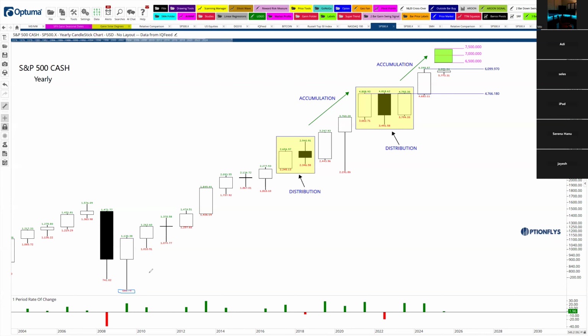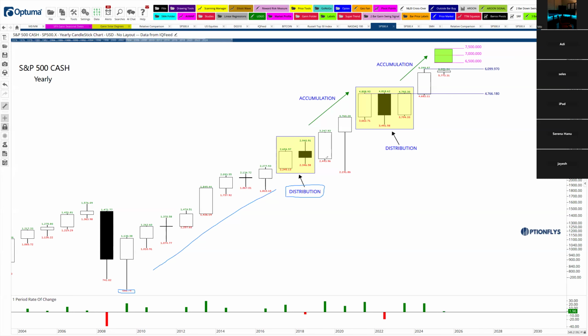So we had this move up here, right? And these two bars, I think I posted on Twitter as well, had this distribution phase for 2 years. You see, we made a pretty high, then gave a lot of chunk back.